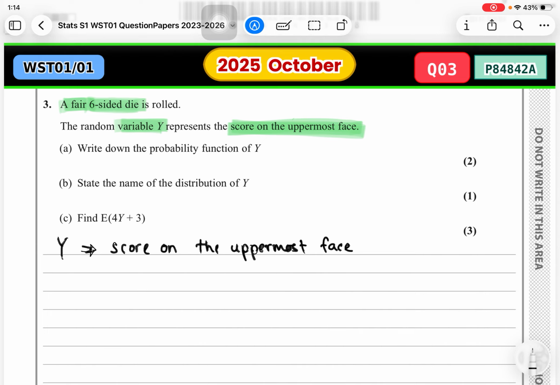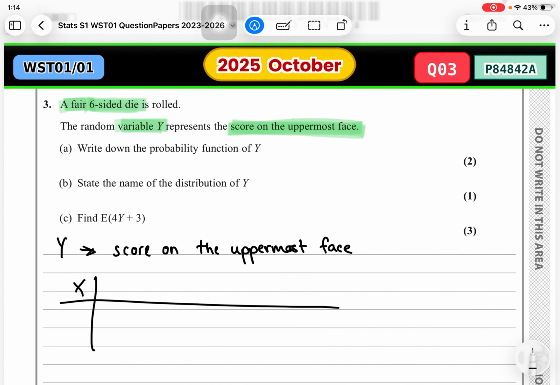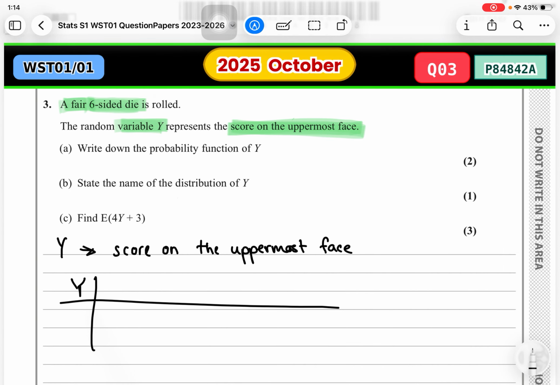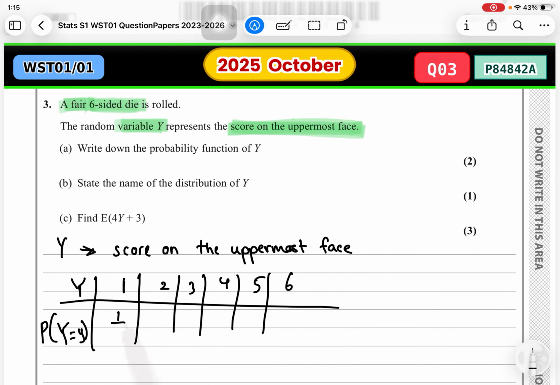Whenever we have the variable Y, the options are that the score can be 1, 2, 3, 4, 5 or 6. So the probability of Y, being a variable, would be 1/6, because we know it's a uniform distribution.